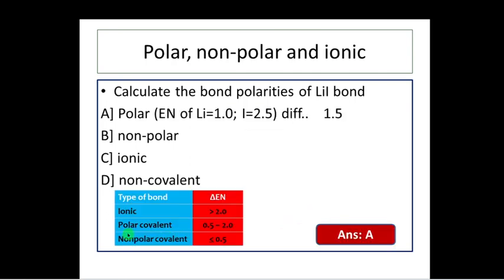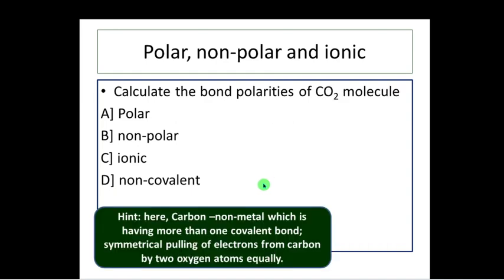Lithium is 1 and iodine is 2.5. Find the difference between these two: it is 1.5. As usual, notice this: if the difference is 0.5 to 2, it is a polar covalent bond. Our difference of 1.5 comes in between these two, so it is polar in nature. Any number of questions like this may be expected, and this gives you the idea.